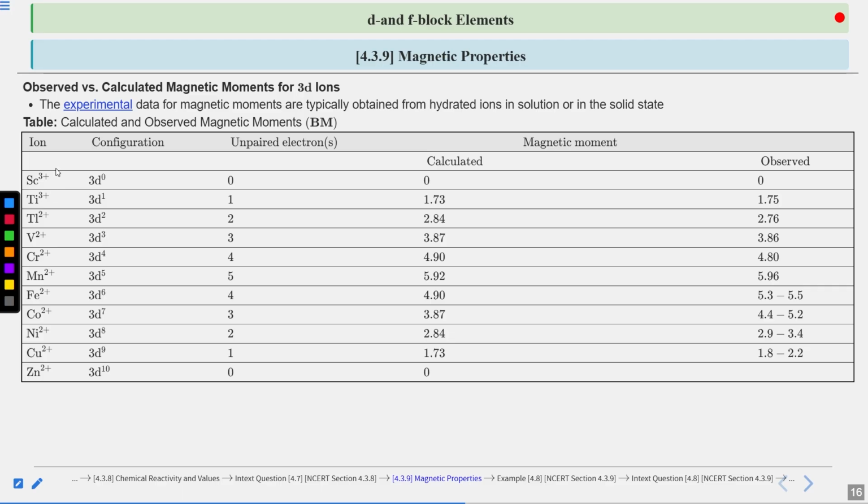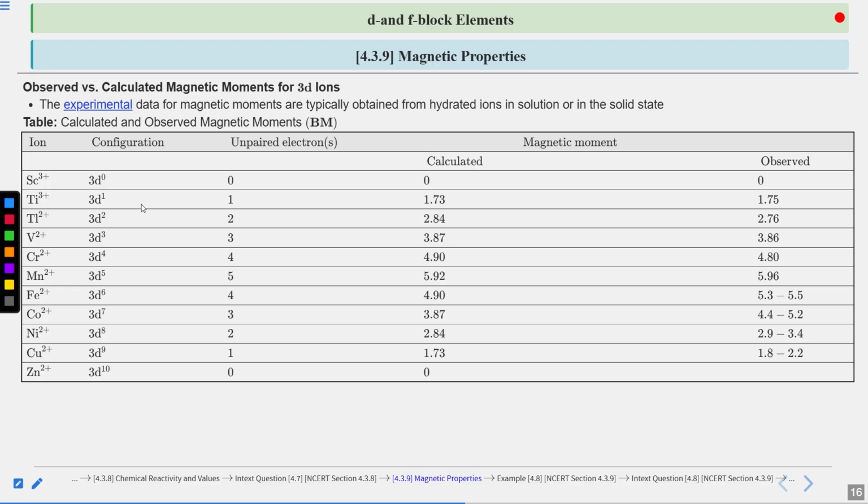So scandium 3 positive is showing the 3d0 configuration. That means it does not have any d unpaired electron. So 0 unpaired electrons, and the magnetic moment calculated and observed will both be 0. Now titanium in the +3 oxidation state has 3d1 configuration.